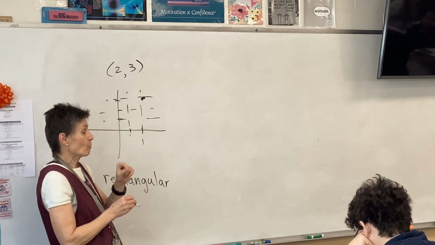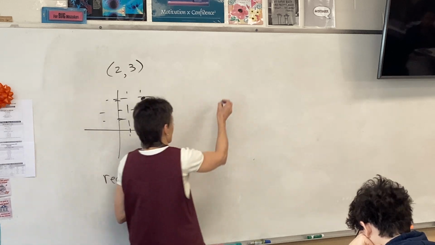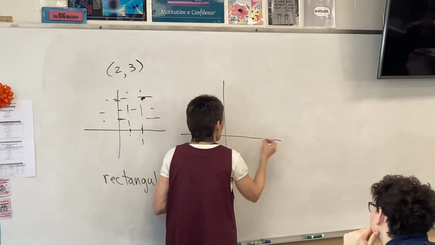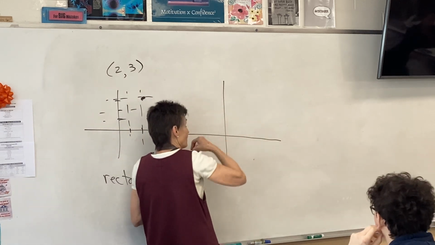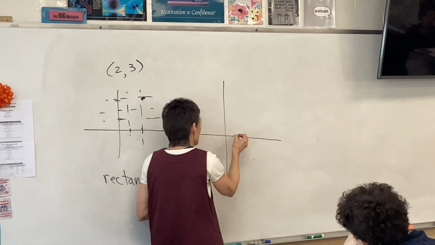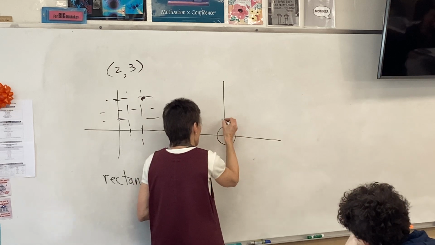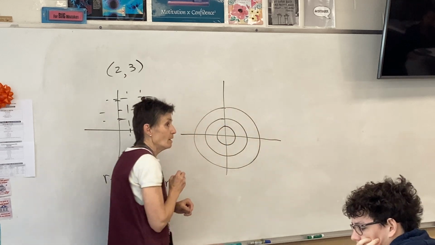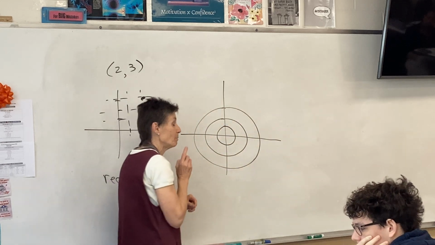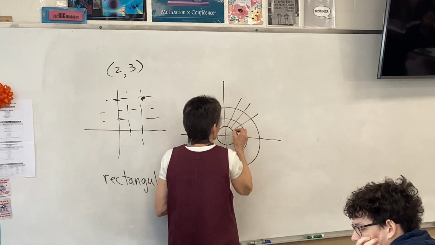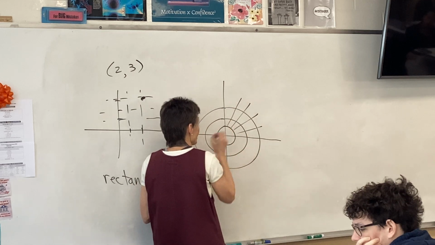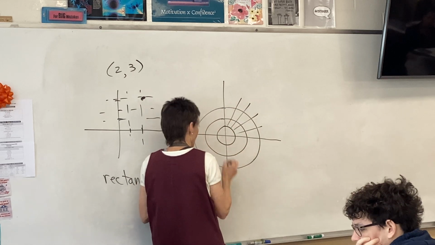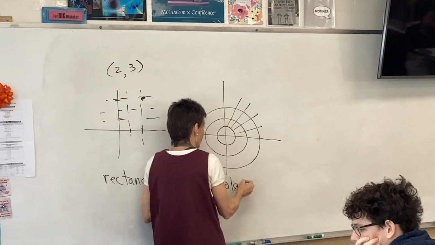Today, we're going to graph in a circular system. So instead of having a series of vertical and horizontal lines, we're going to have a series of circles. Okay? And we're going to plot points on our polar system. These are polar coordinates.